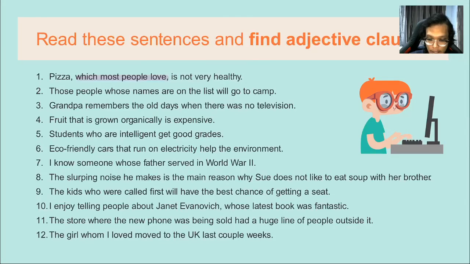And then I want you to circle the relative pronoun, something like this. And then I want you to draw a line or an arrow that you can understand after you finish learning that, showing this adjective clause modifies which word in the sentence.